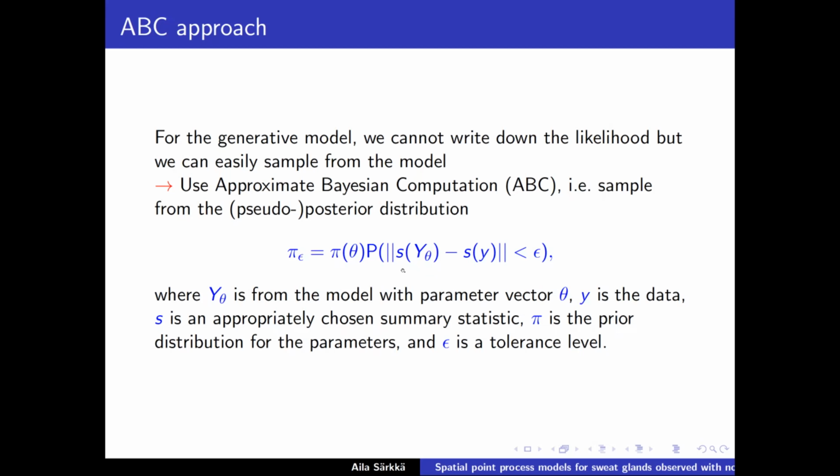You are looking at the probability that the difference between the summary statistic computed from your model-based simulation and the summary statistic from your data is very small, and you sample from this posterior-type distribution. Epsilon here is the tolerance level that you have to choose. In fact, we had a very nice talk about choosing that last week at the statistics seminar.